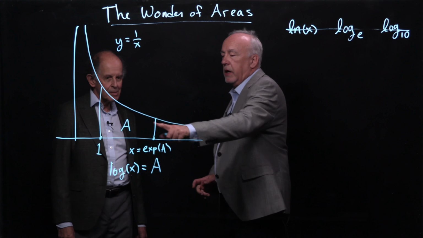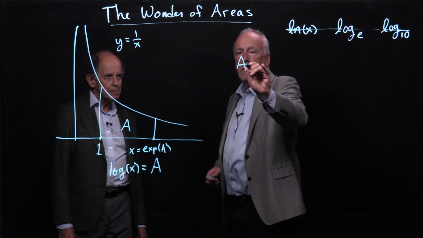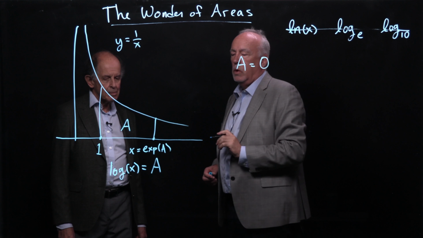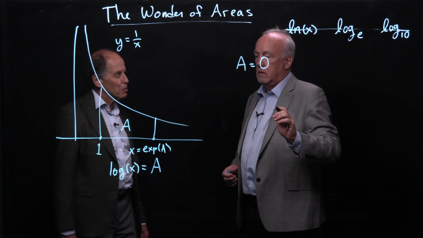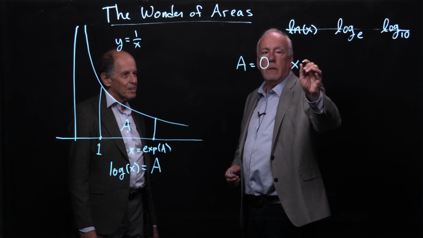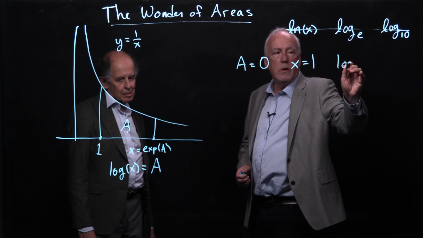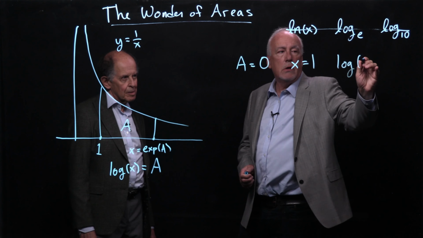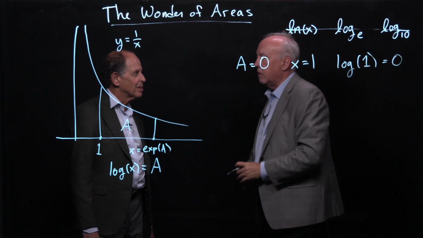If I was going to have an area of A equal to 0, what's the corresponding value for x? Well, it's got to be 1. So x is equal to 1. So looking at my formula here, that tells me that the logarithm of 1 is equal to 0. So that's an interesting fact about the logarithm function, right?